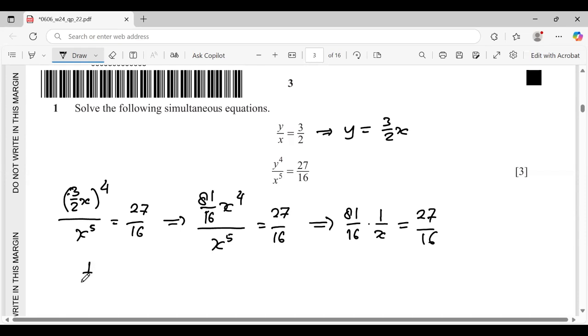So 1 over x equals 27 over 16 times 16 over 81. So x equals 81 over 27, the reciprocal of this fraction, which becomes 3. So x equals 3.